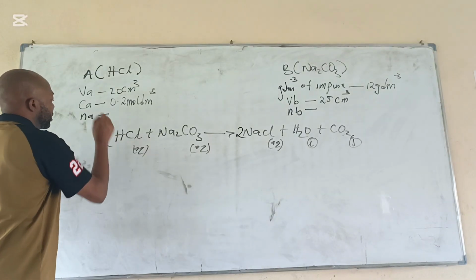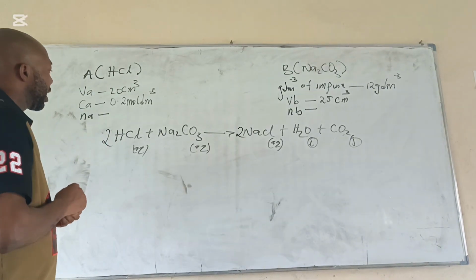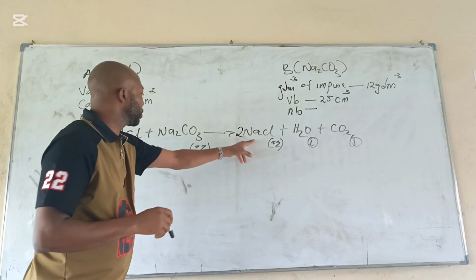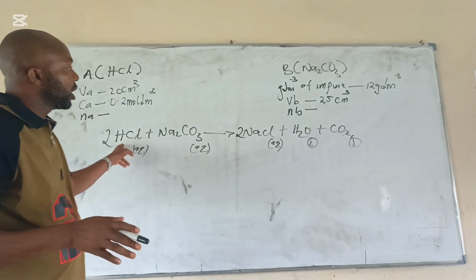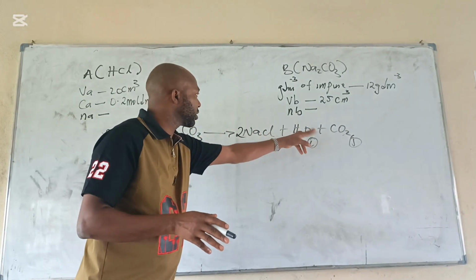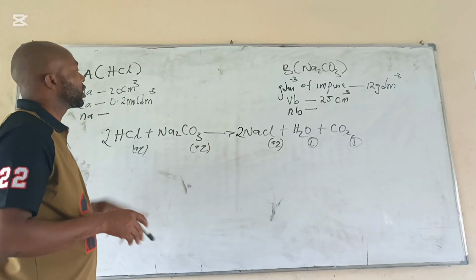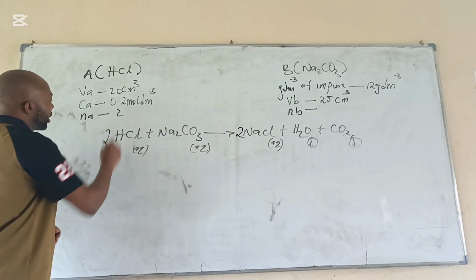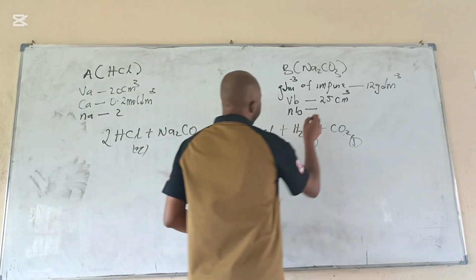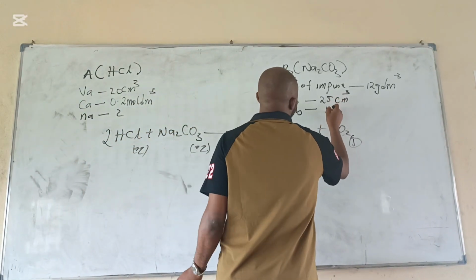I can still put my 2 here. I have 2 chlorine, 2 chlorine, 2 sodium, 2 sodium. That's balanced. Hydrogen is 2, hydrogen is 2. Oxygen is 3, oxygen is 3. So now our equation is balanced. And the number of moles of acid is 2 here, and the number of moles of base is 1.